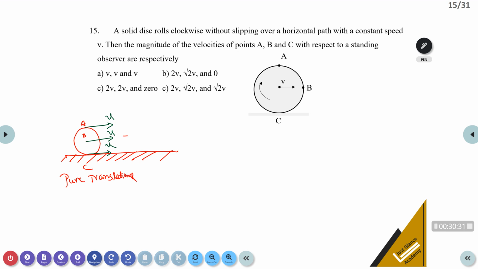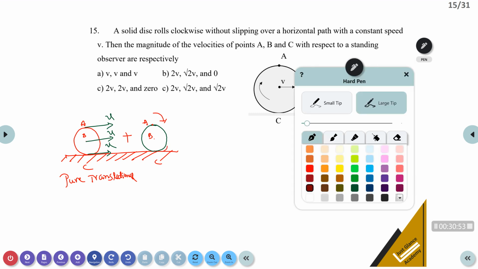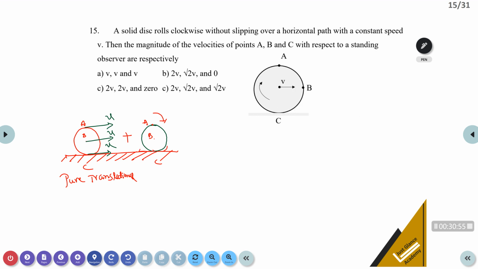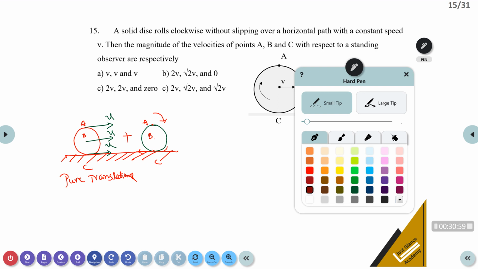Plus, just like your bicycle wheel, another motion is called rotational motion. It is rotating like this. This point is A, this point is B, this point is C. Now it is rotating like this, so at point C I will draw it like this.